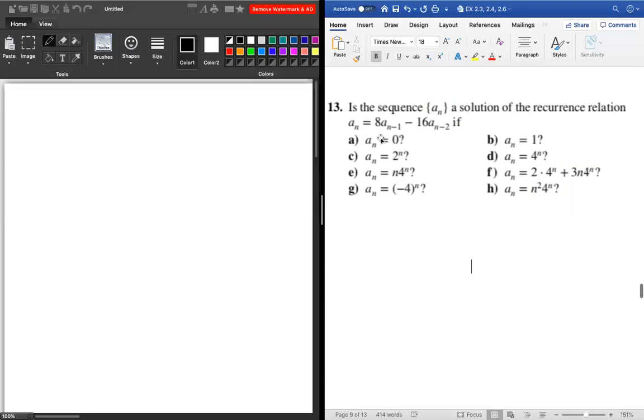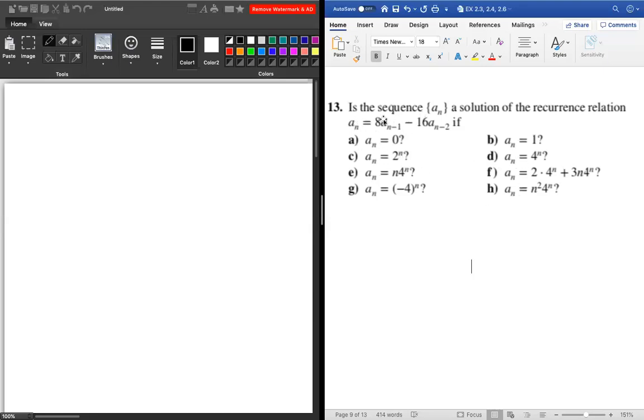So when a_n equals 0, what are going to be the values?